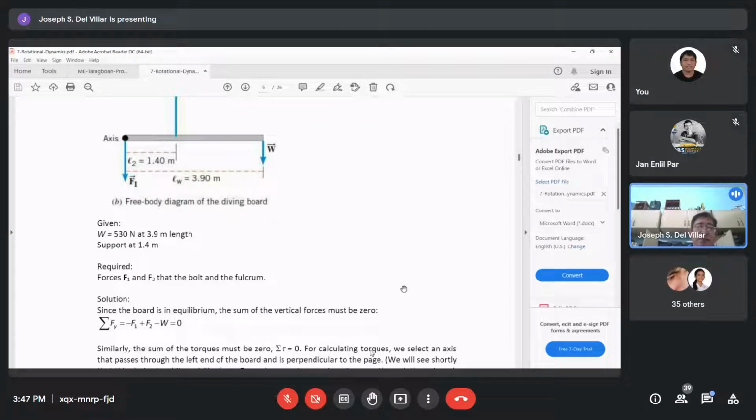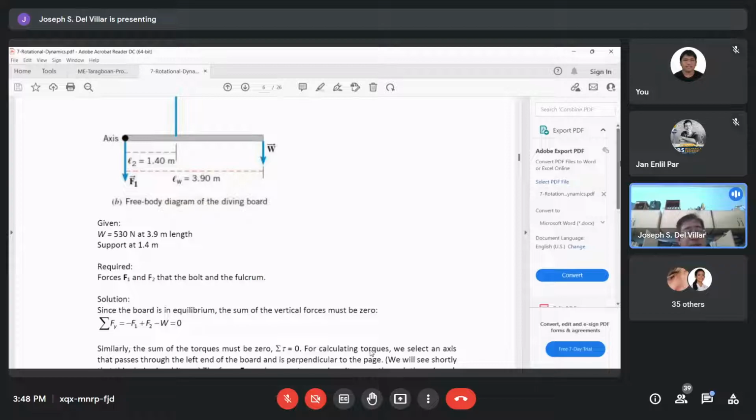Okay? By substitution or by elimination. Can you do that? And give me the values of F1 and F2. Dapat parehas sa mga nakuha natin. Sige nga, itry nyo nga. So equation number 1 ninyo will be what?